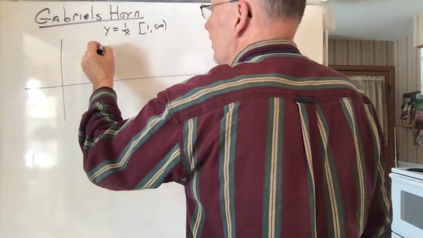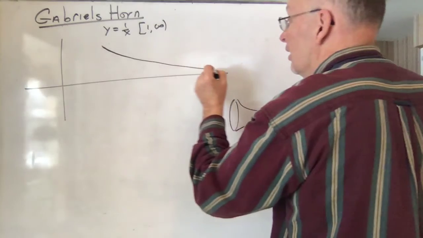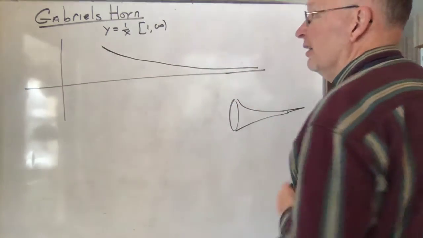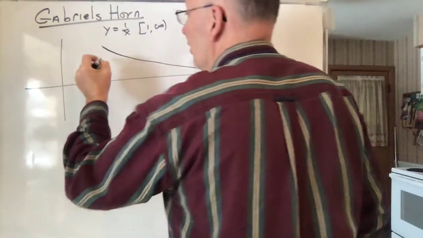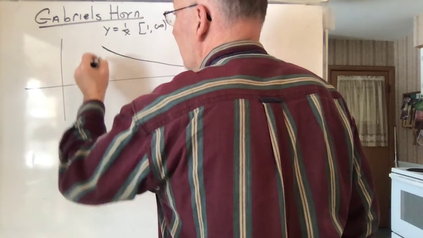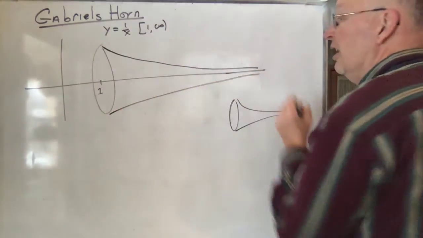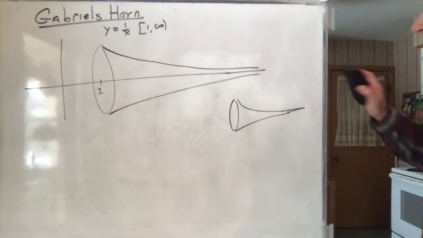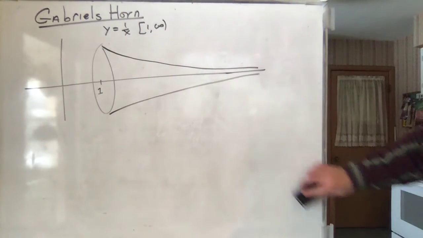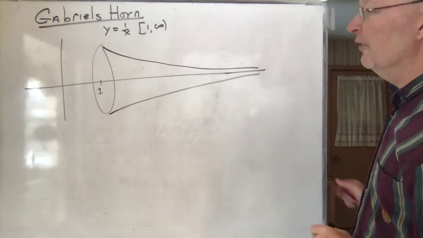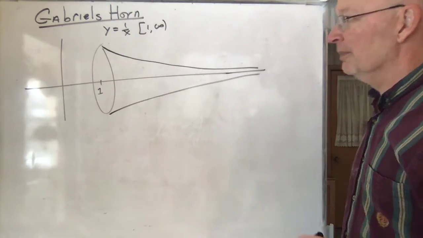So it starts right here and goes like that. So here's 1. If you revolve it around the x-axis, going all the way out to infinity, you have Gabriel's horn.